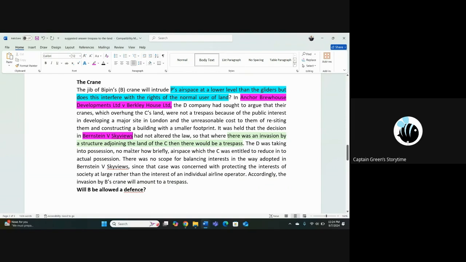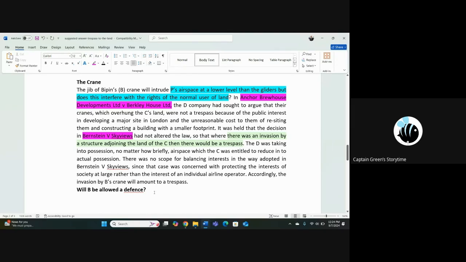The D was taking into possession, no matter how briefly, space it was entitled to reduce into actual possession. Therefore, there was no scope for balancing interests in the way adopted in Bernstein, since that case was concerned with protecting the interests of society at large rather than of an individual airline operator.